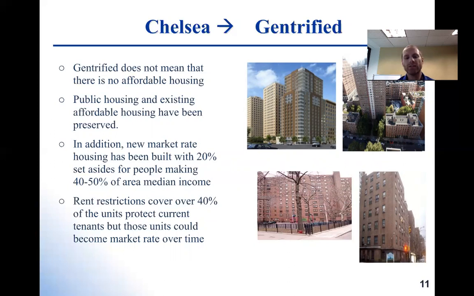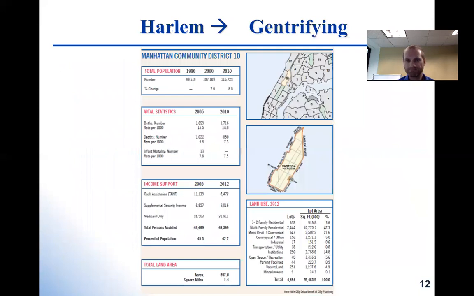And any new market rate housing has been built with 20% set aside for people making 40 to 50% of area median income. So there's still different types of policies to encourage new builds to have a particular share of occupancy that goes towards the low income families.